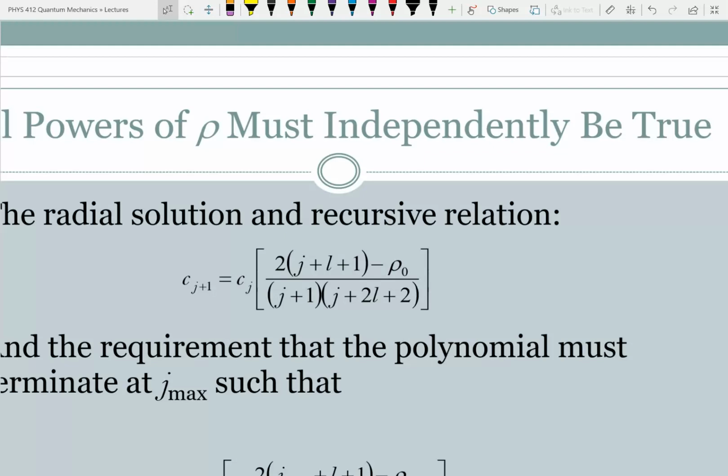Did they? Yeah, they did do this. If you look at the equation between 4.60 and 4.61, the one right above 4.61, that's the second derivative we just did. Hopefully it looks the same.